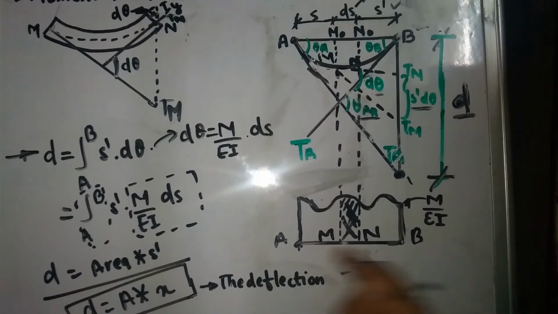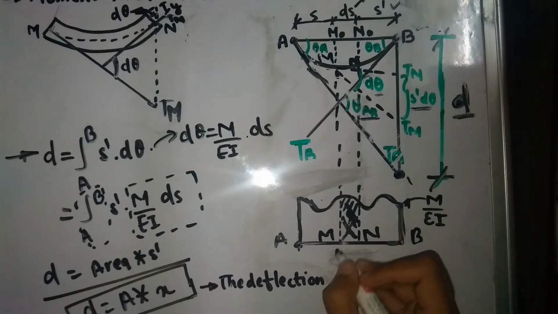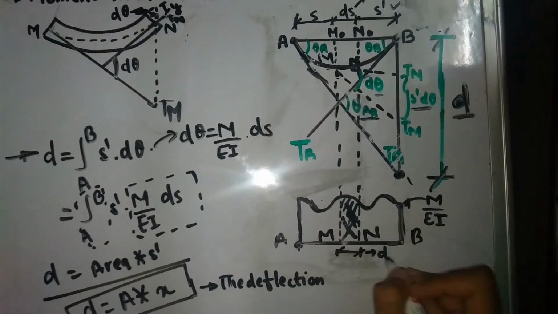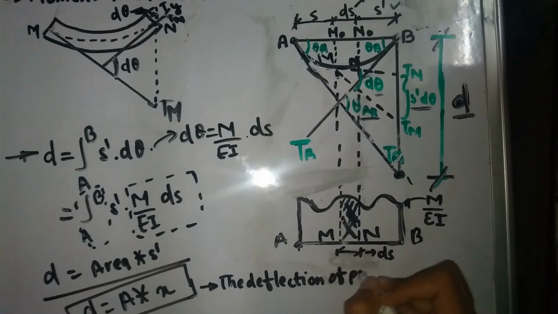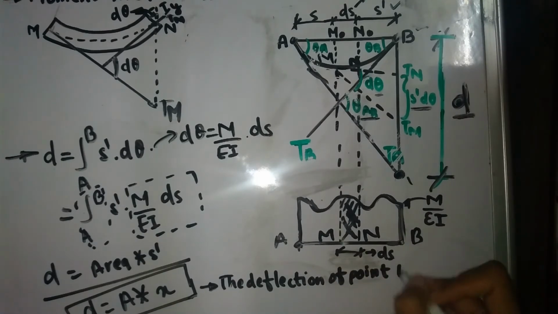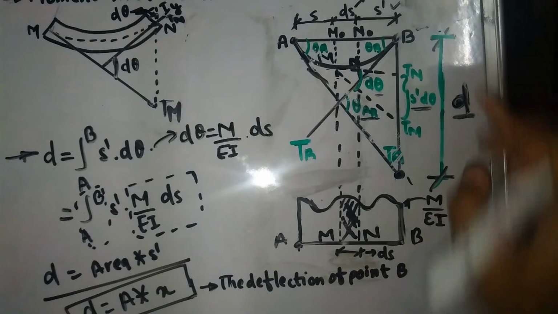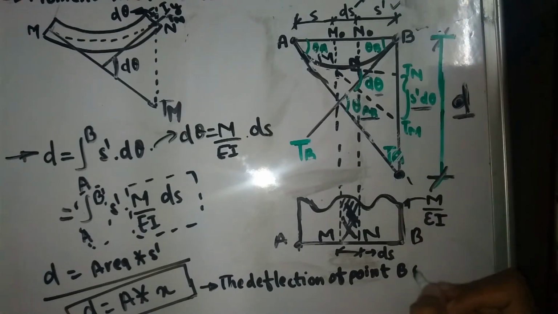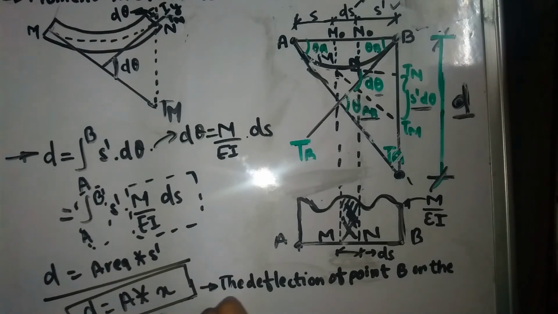This is equal to D, the deflection of point B, which is our D of point B on the elastic curve.